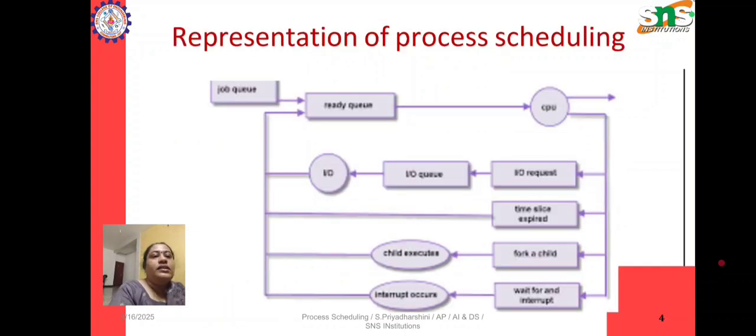This is the representation of process scheduling. First, remember, the job queue will be available in the secondary memory. The job queue consists of all the processes that need to be executed.